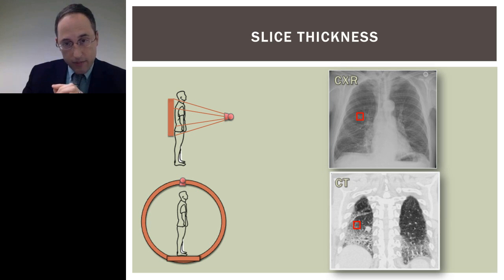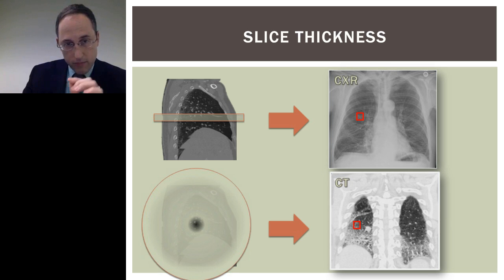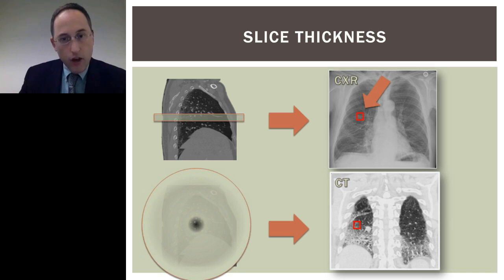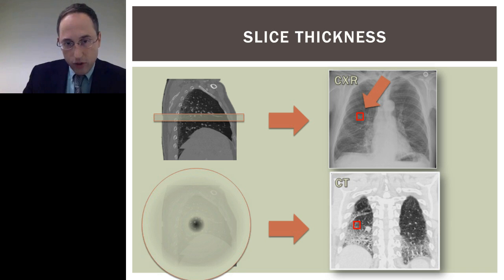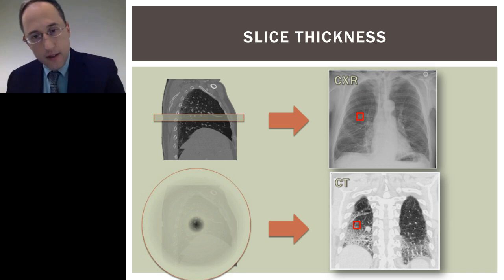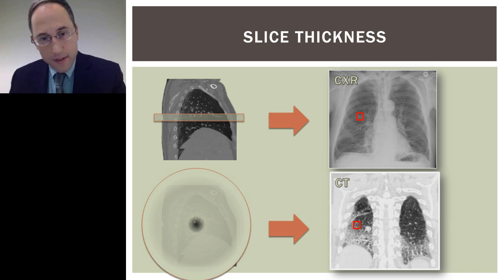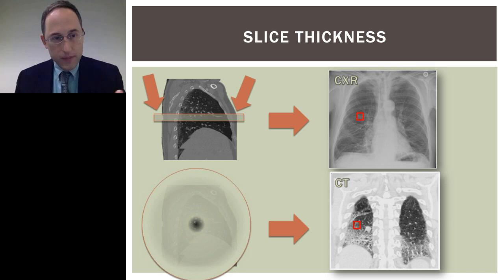In a chest X-ray, the question is, what determines the gray level of the pixel inside that red square that I've shown? For chest radiography, it is all the anatomy that is located inside this box, all summed together.